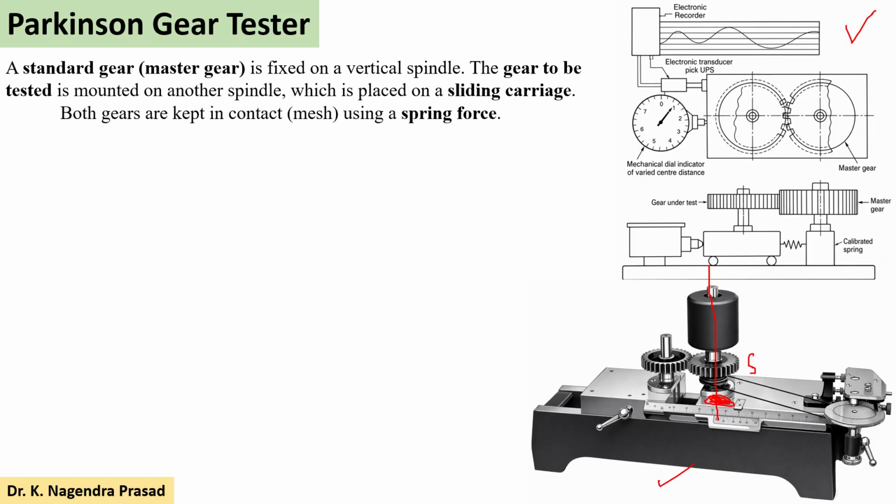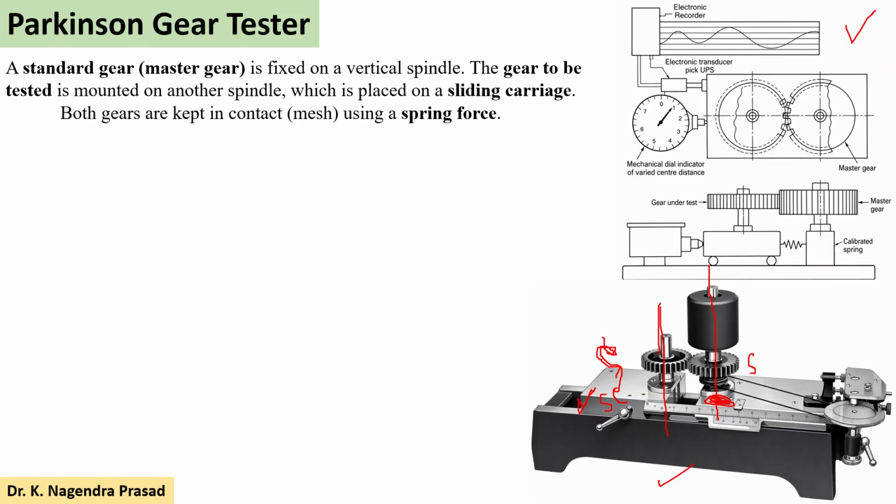Moreover, observe in the schematic the gear to be tested. This is the other gear, which we have to test. This gear to be tested is mounted on another vertical spindle and it is placed on a sliding carriage. So now the gear is mounted on the sliding carriage and the standard gear is in a fixed position, mounted on the vertical spindle.